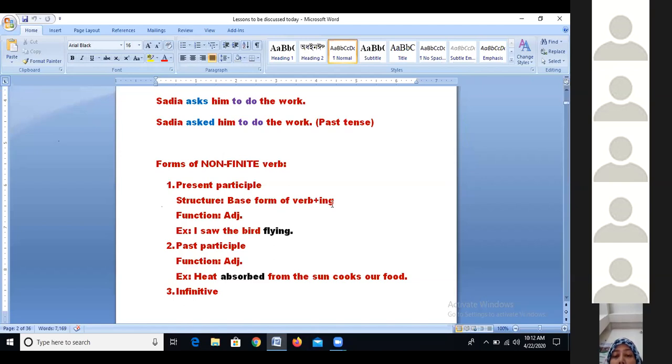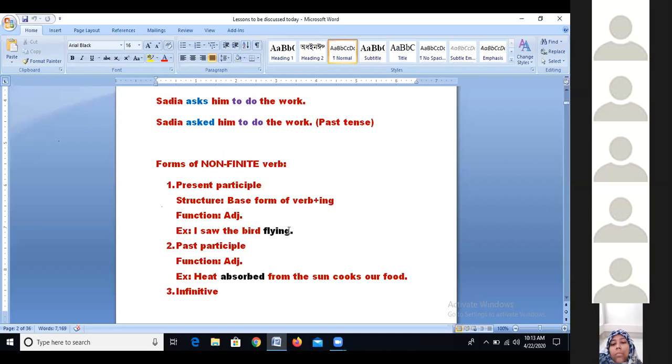Now, come to the example. I saw the bird flying. I saw the bird flying. Here, saw is the finite verb. If you think of the finite verb here, saw is the finite verb here.